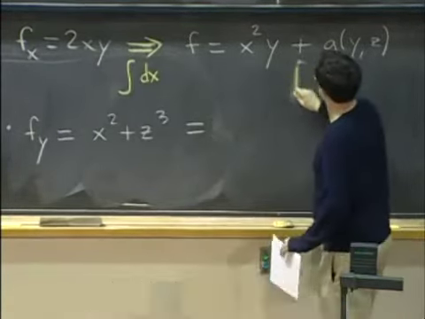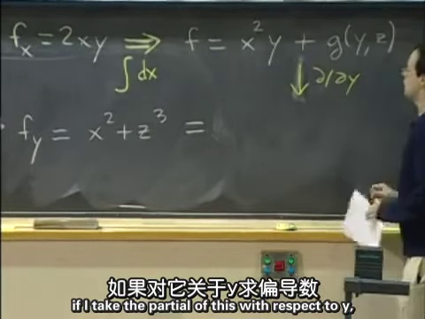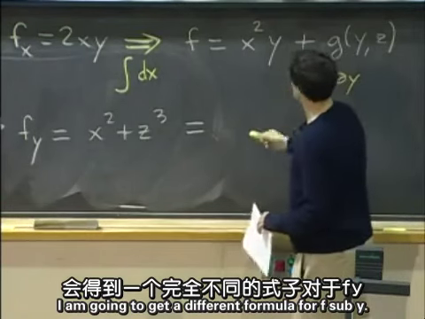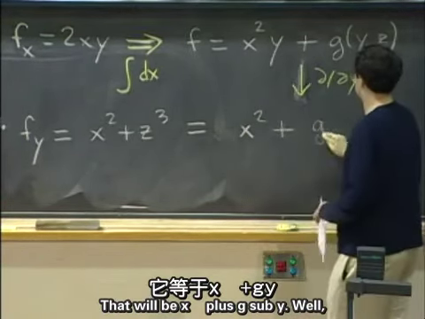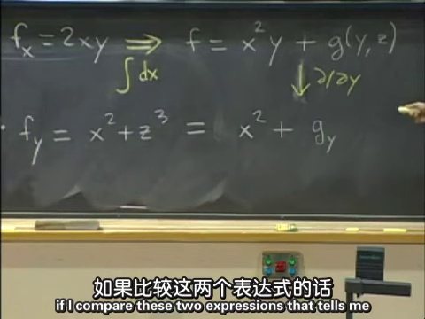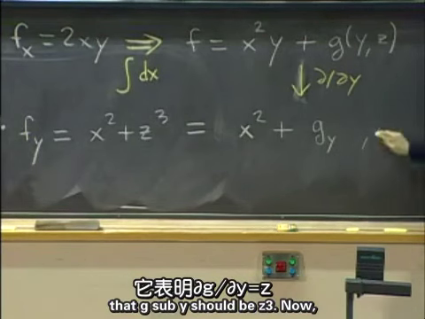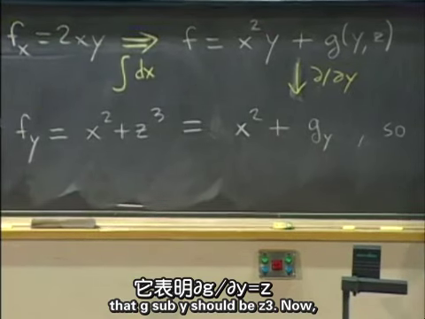Okay, so now if I take the partial of this with respect to y, I'm going to get a different formula for f sub y that will be x squared plus g sub y. Well, if I compare these two expressions, that tells me that g sub y should be z cubed.